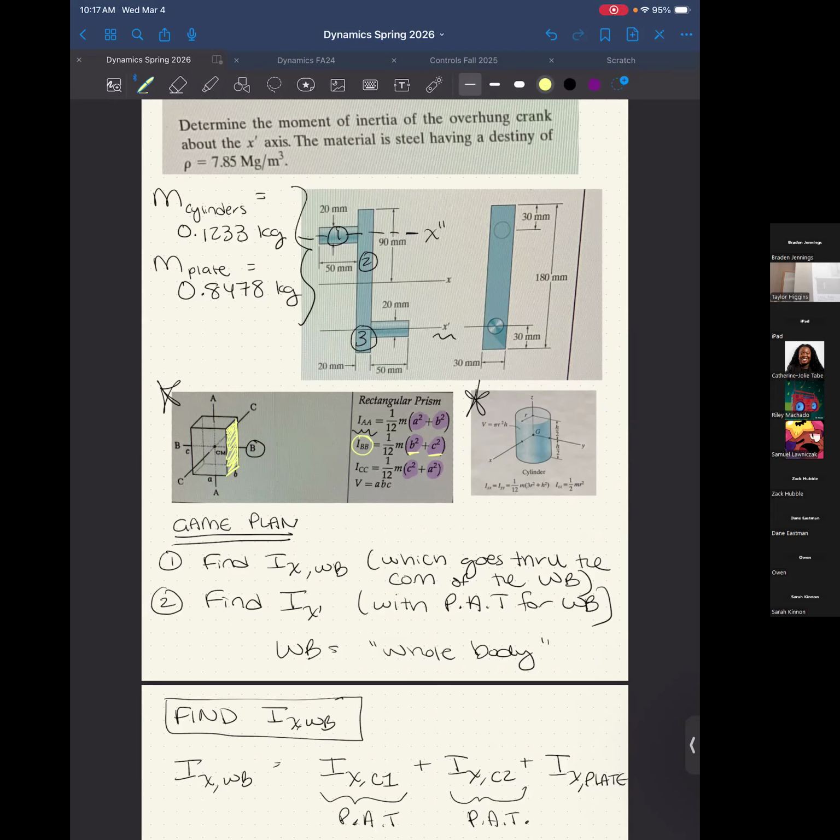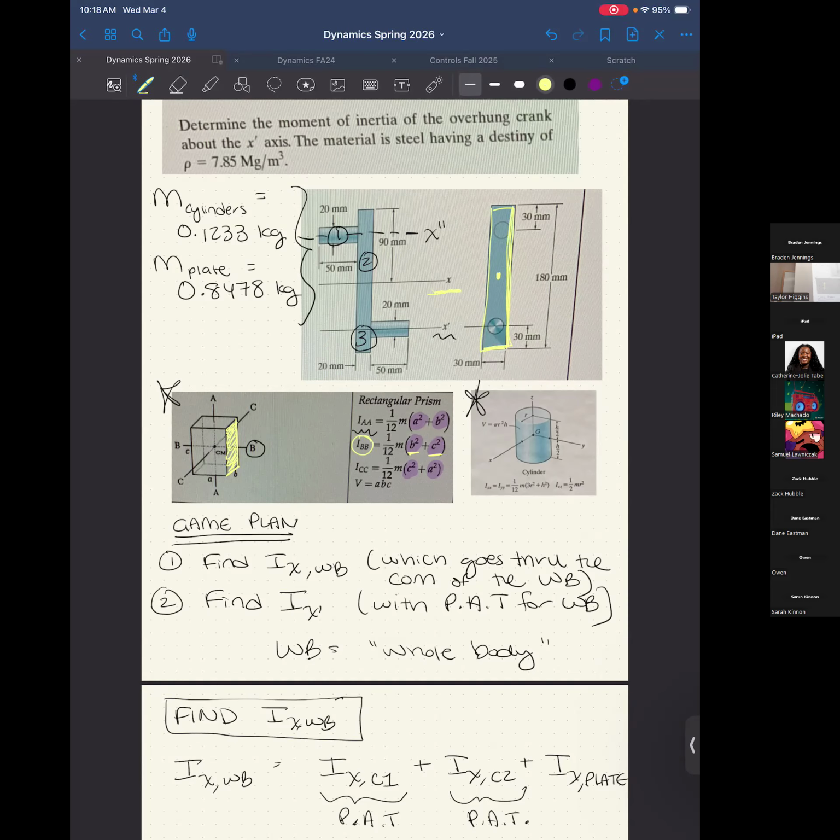So if I am looking at our plate and I want to know the moment of inertia about this X axis, it pierces the face that's right here on this profile image or frontal image, depending on, I don't know, it's a crank, it doesn't have body planes like a human does. Okay, so this face is made up of the 0.03 meters and the 0.18 meters.